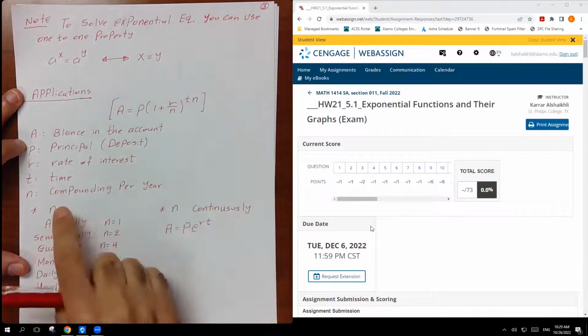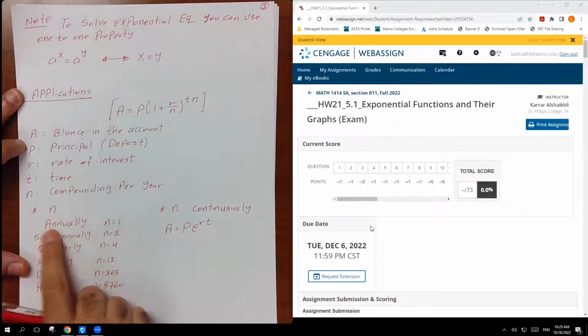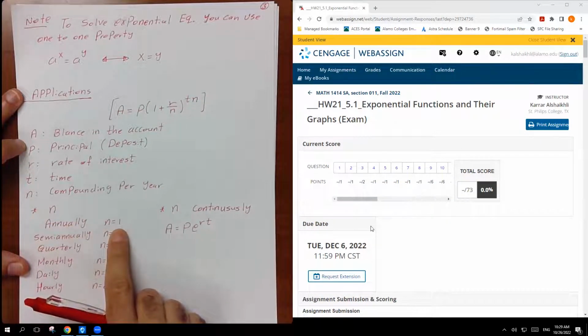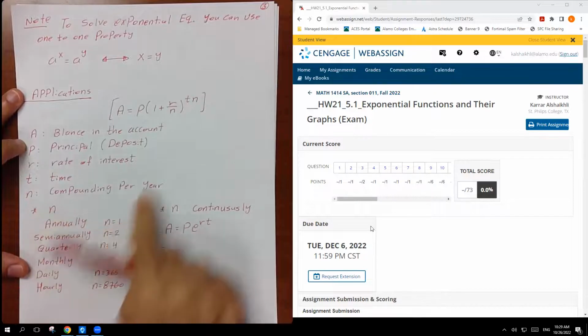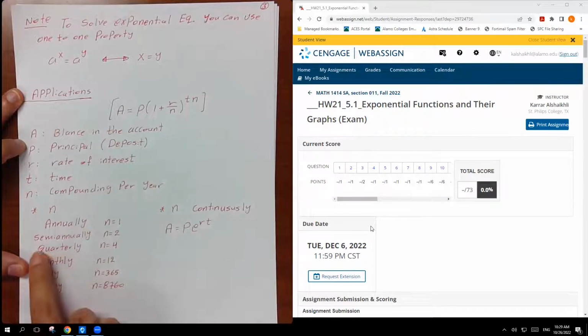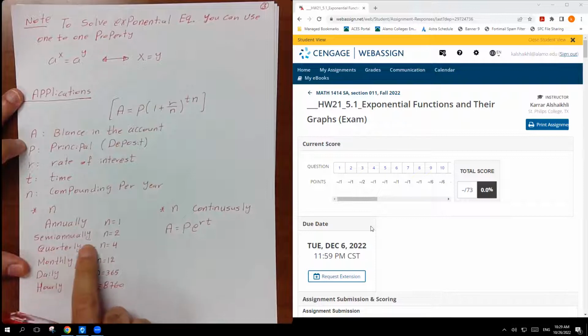Compounding per year: if they're telling you annually, that means n equals 1, so you're going to plug in 1 here instead of the n. Semi-annually means n equals 2. Quarterly, n equals 4. Monthly, n equals 12. Daily is going to be 365.